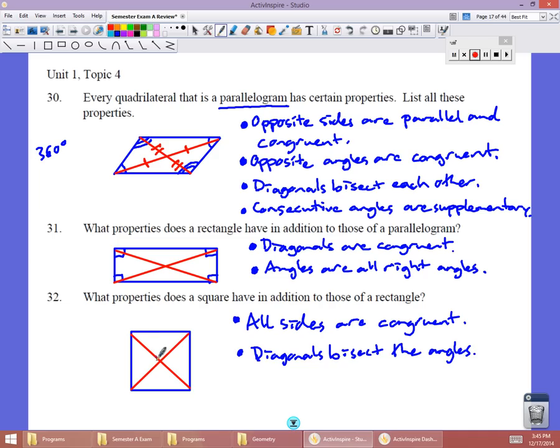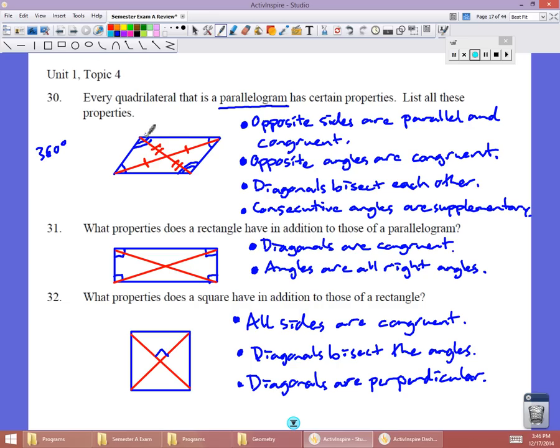And then the other thing about it, if you notice, is that these form a right angle. And so the diagonals are perpendicular. Now these two facts are not true in rectangles, but they are true in squares. Alright, so again, if you look at these two diagonals, they definitely do not form right angles, and they do not bisect the angles. Okay, so those are our properties of quadrilaterals.